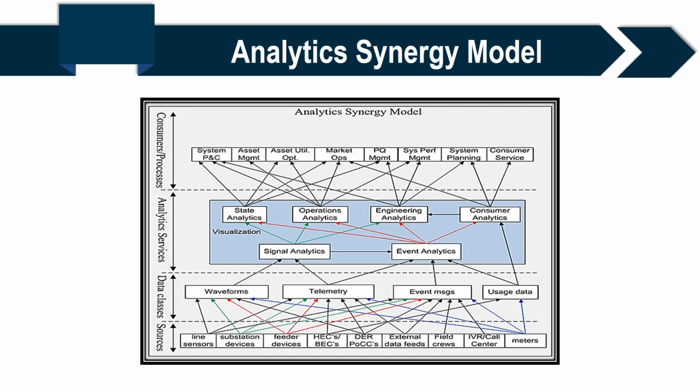In this synergy model diagram, data sources are arrayed at the bottom. Data from these sources falls into one or more of four data classes, as shown in the second tier. In the third tier, six classes of analytics process data from the data sources according to data class.